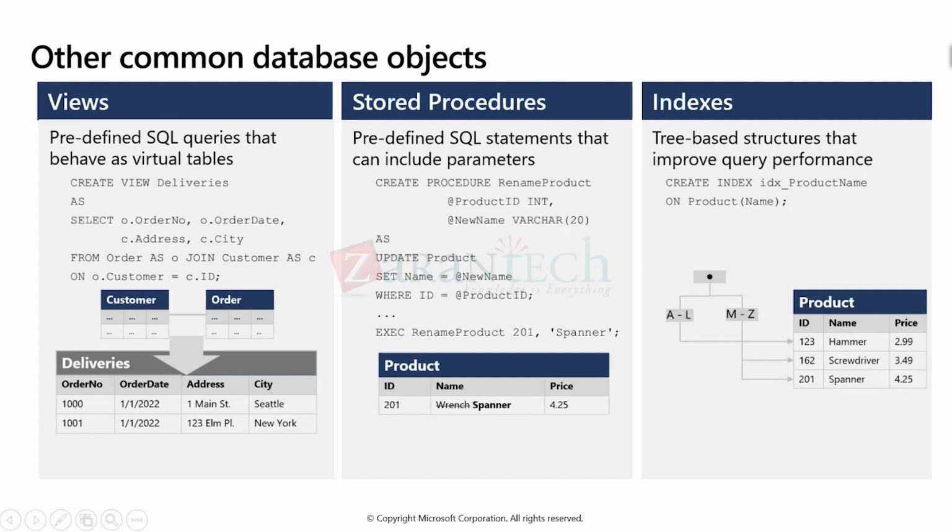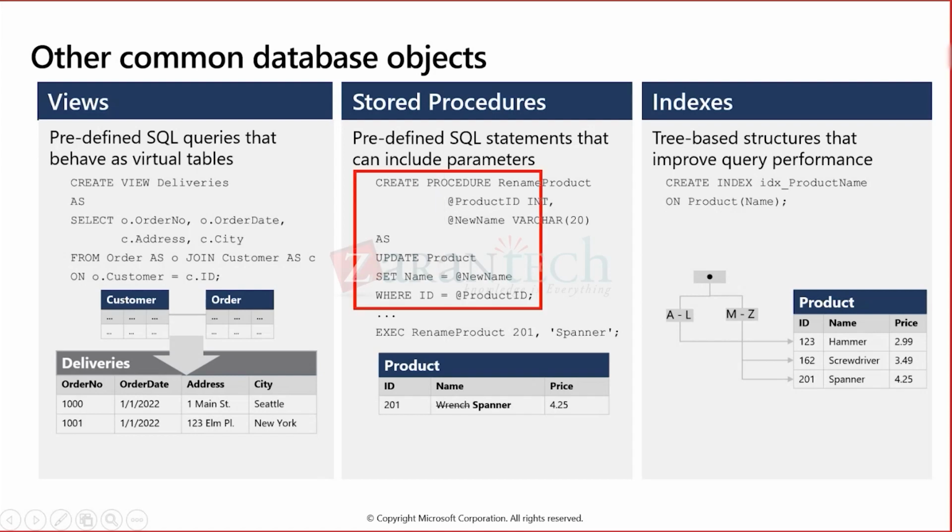Second, very important is the stored procedure. You know stored procedures? A stored procedure defines SQL statements that can be run on command. Stored procedures are used to encapsulate programmatic logic in the database for actions that applications need to perform when working with the data. This is a very simple example of a stored procedure.